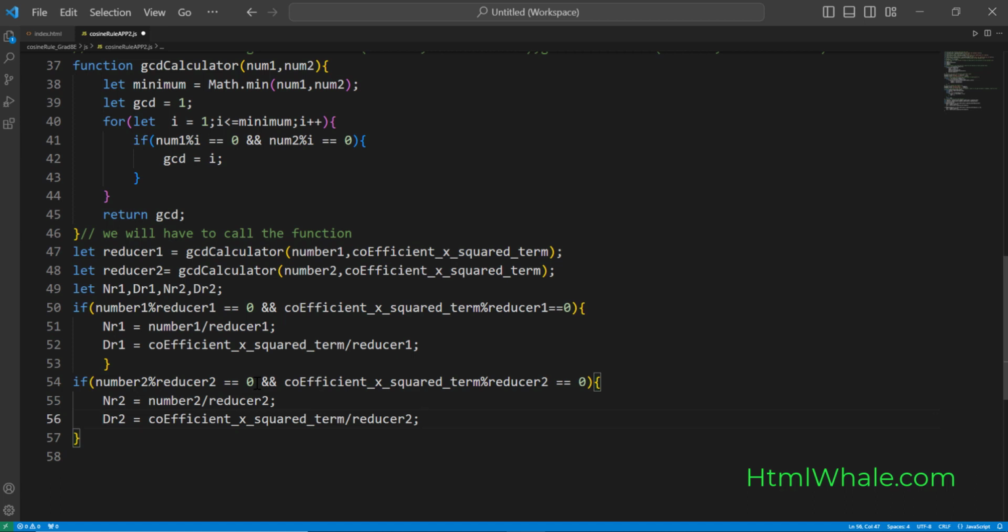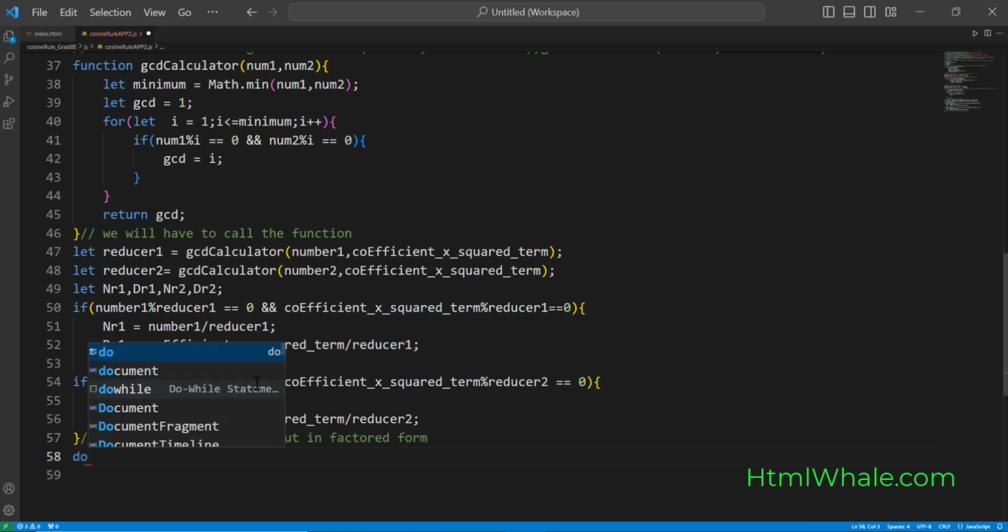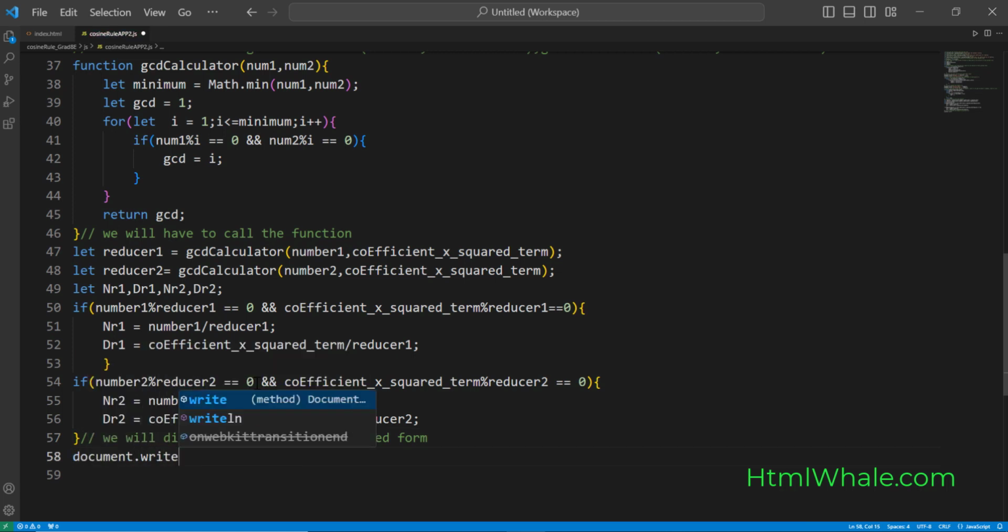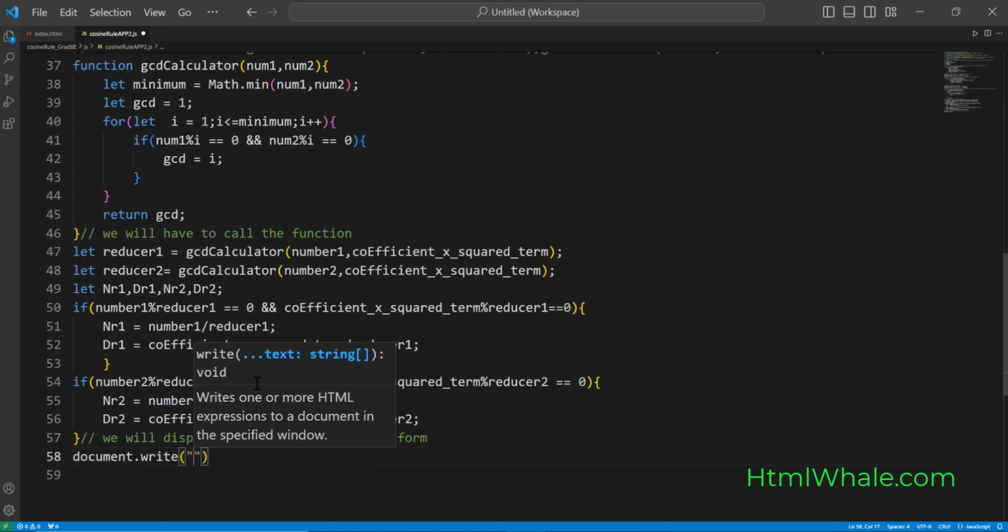So that is all. Finally, what we need to do is we will have to display the output in factored form. Okay, so I'm going to say document.write. I will open a break br tag here, and then I will have to open a parenthesis.